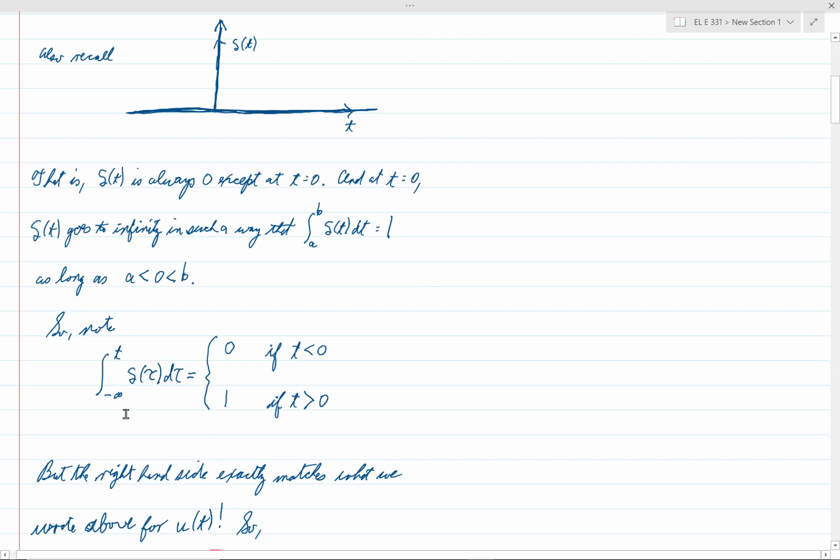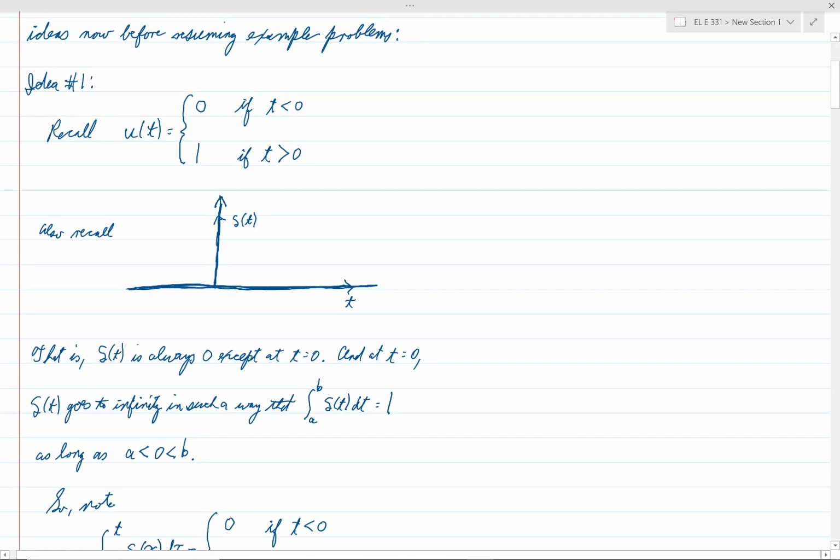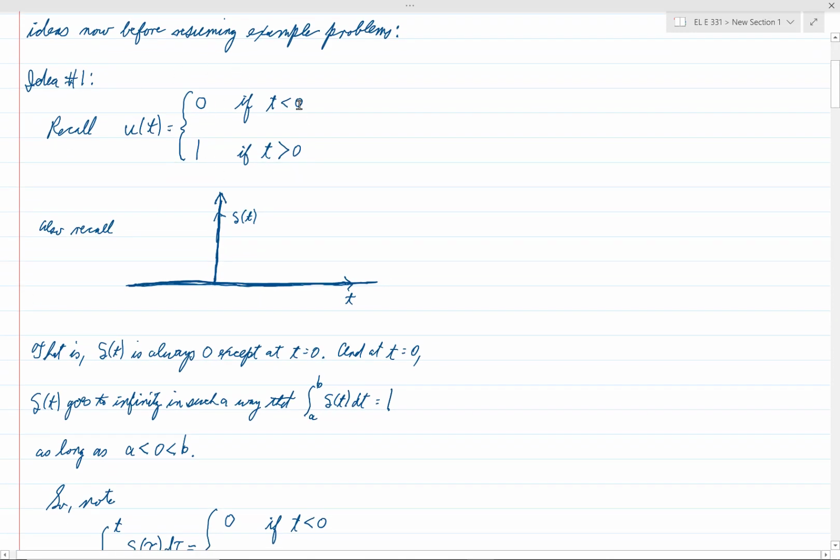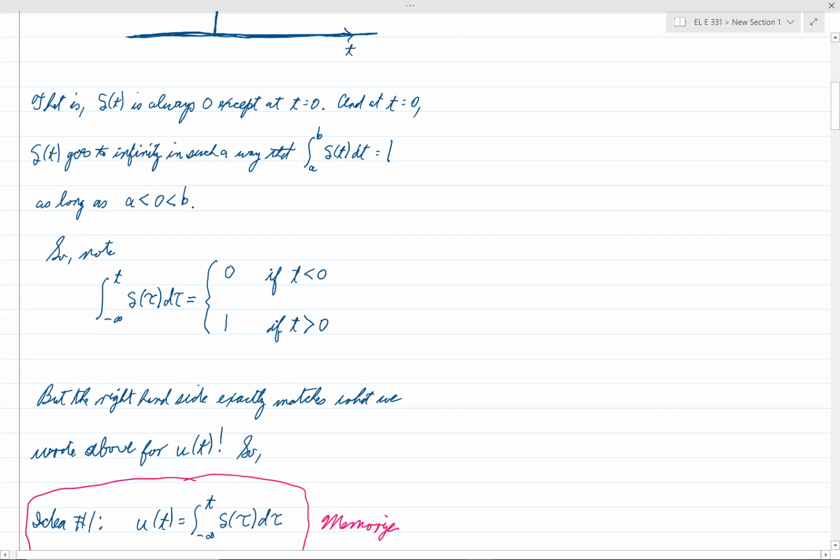So what this means is that if we integrate the delta function from negative infinity to t, if t is less than 0, we get 0, and if t is any number greater than 0, we get 1. But if you compare this right-hand side to what we wrote up here, you will see that that is exactly equal to u of t.